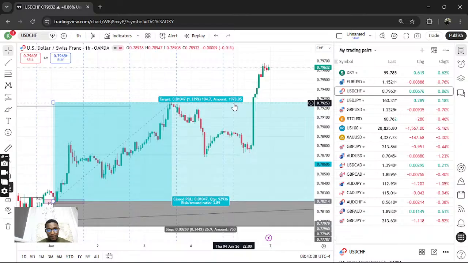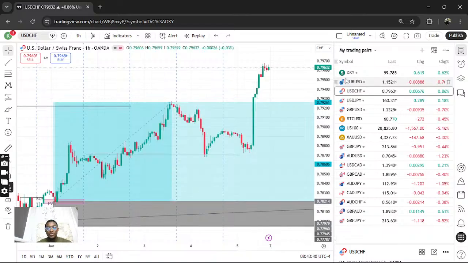Okay, so let's begin. Normally, every day, the first thing that I usually do is to analyze what dollar index is doing, because whatever dollar is doing, it always tells me exactly what I will do in other pairs that are paired to it.